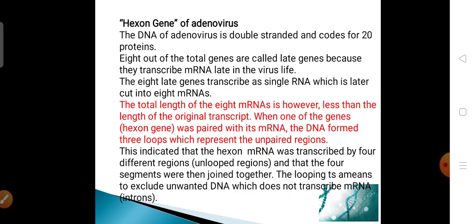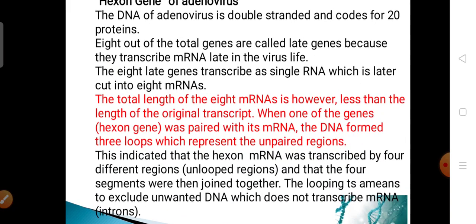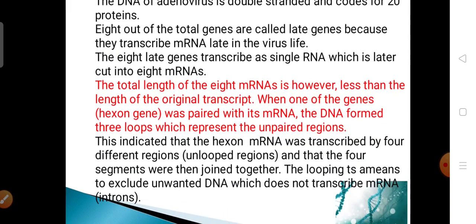These loops were actually representing the introns, the interrupting sequences, which do not take part in protein synthesis. The region of the Hexon DNA which paired with the mRNA was only the exon region. This indicated that Hexon mRNA was transcribed from 4 different unlooped regions, and the 4 segments were then joined together.